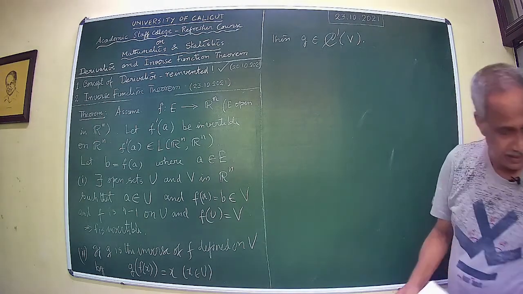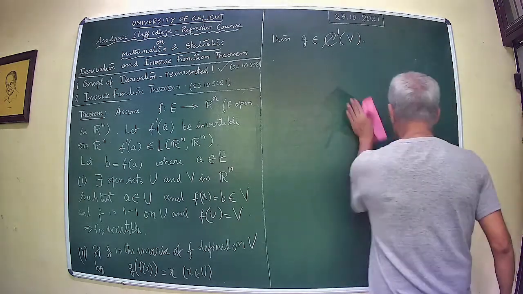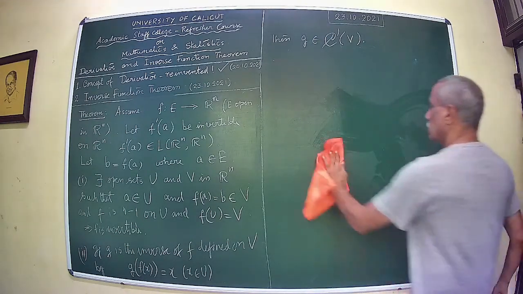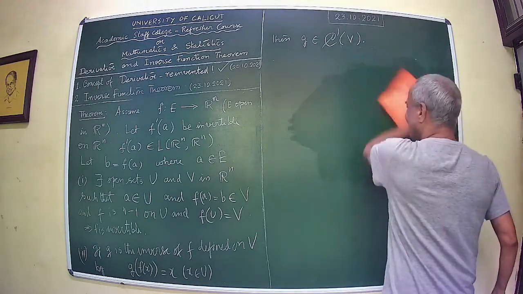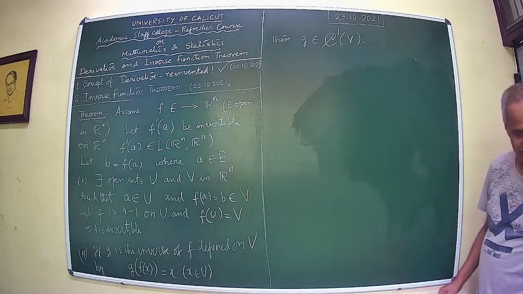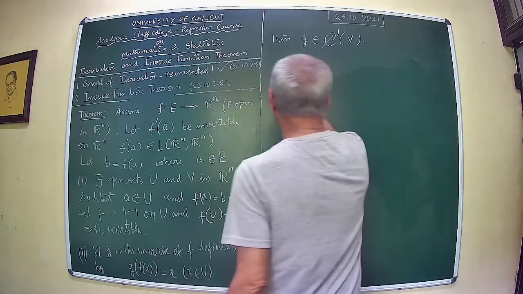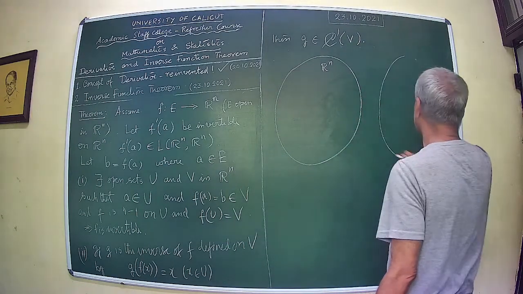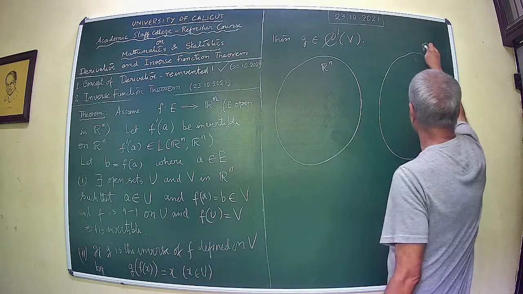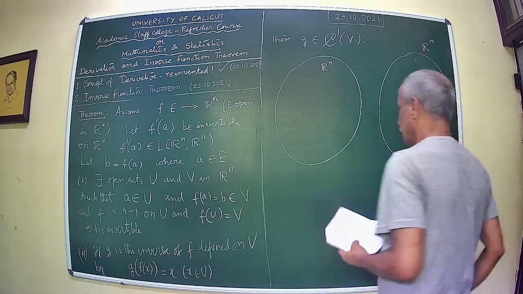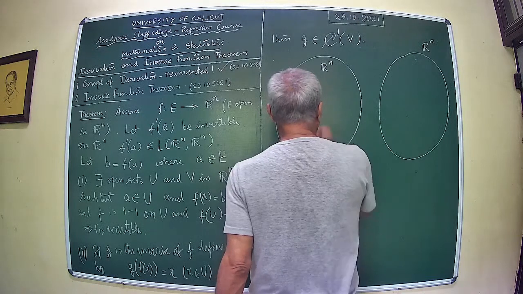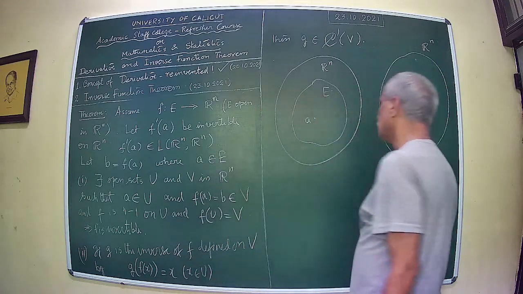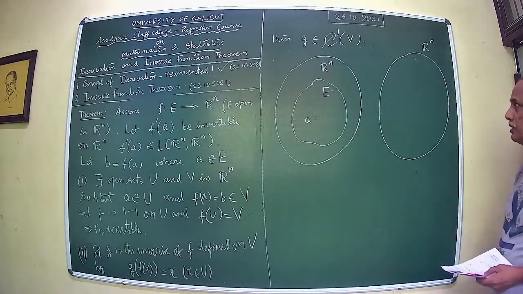So let me just draw some pictures because that will give some insight into the problem. You take Rn. Now I make another copy of Rn because I am also talking about the same Rn. So I have a point A, and there is some subset E, an open subset of Rn.